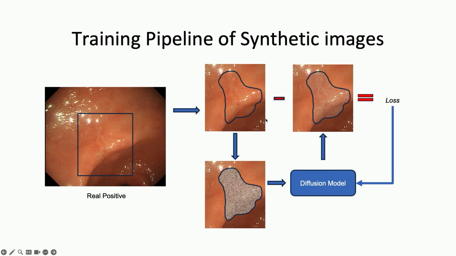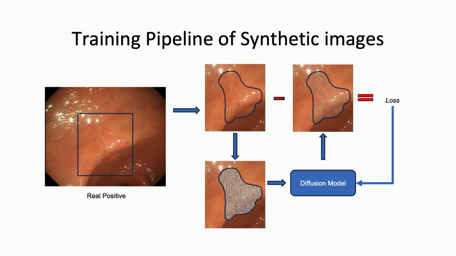When we train the model, we crop this part and add noise onto it, and then the diffusion model denoises the patch and gives an output with less noise. With these two images, we can get a loss, and then the loss feeds back to the diffusion model. Then this model can learn how to generate the lesion part.